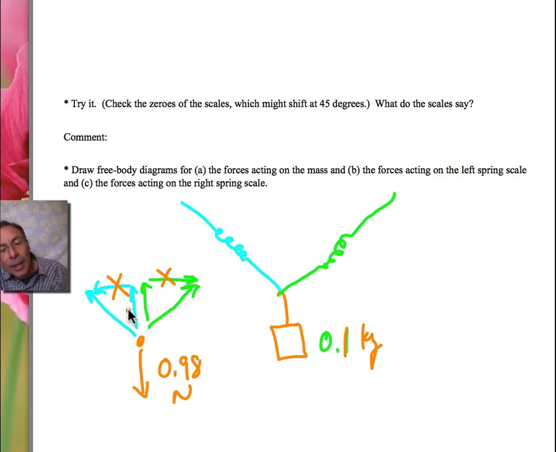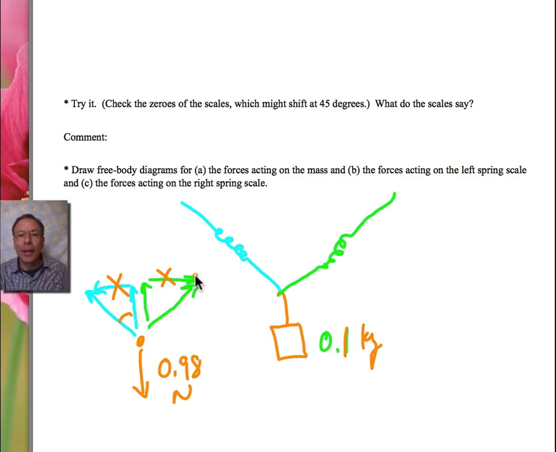But there's a relationship between the length of this vector and the length of that one. It's going to be the cosine of this angle, which is 45 degrees, times the hypotenuse gives me this one. By working your way through this trigonometry, you can figure out what the springs are going to read.